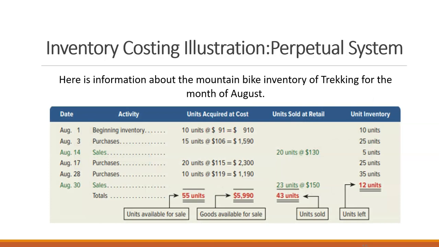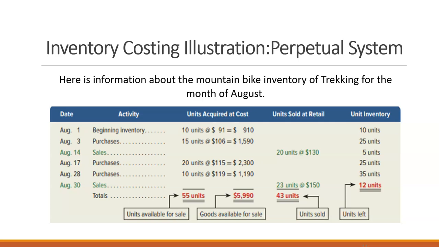So if we're looking at this example, we can see an inventory sheet. We have beginning inventory on August 1st of 10 units. We recorded them at $91 each. We have a mountain bike inventory for a biking company. We then purchased 15 additional bikes that cost $106 each.